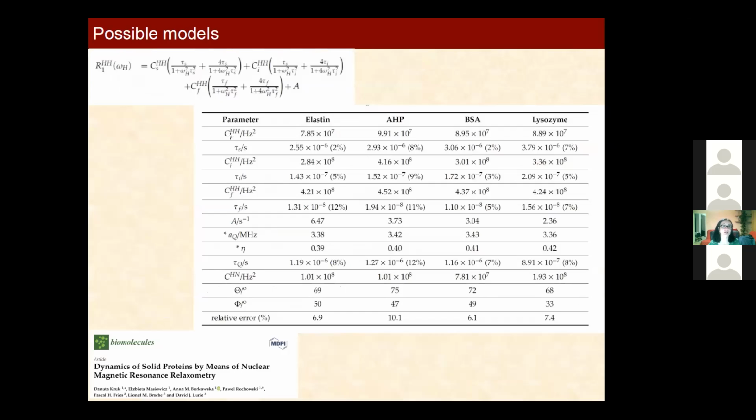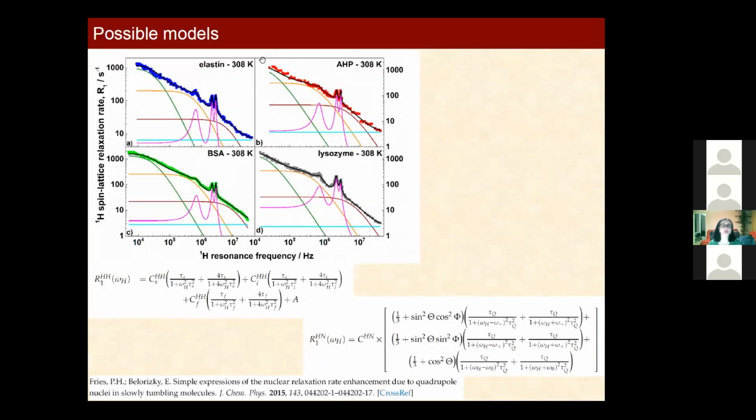So you have the amplitude, the dipole relaxation constant, the correlation time, next constant, next time, next constant, next time, the coupling, the frequency-independent term L. Then from the position of the quadrupole peaks, you get the quadrupole coupling constant and the so-called asymmetry parameter. We can come to this point now.